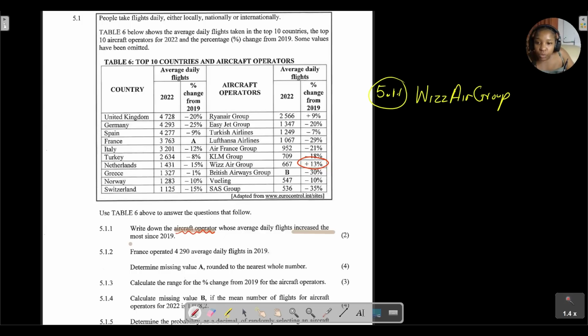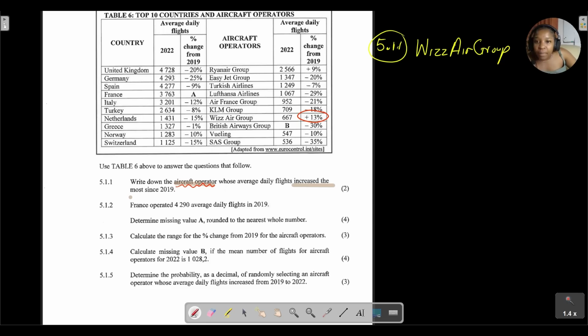Question 5.1.2, France operated 4,290 average daily flights in 2019. Determine the missing value A rounded to the nearest whole number, right? So here we are trying to determine the percentage increase or decrease. They're telling us that France operated 4,290 average daily flights in 2019, but in 2022 we can see that France operated 3,763.